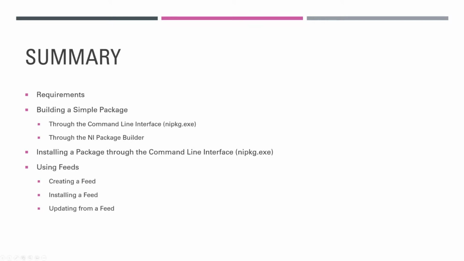I have some of the requirements for using NI Package Manager, and then I'm just going to go through building a simple package. I'm going to use the command line interface, and then I'm going to use NI Package Builder, which is a nifty little tool. And then we're going to install it, and then we're going to use some feeds. Again, I'm going to use the command line interface for that, just for how to create and install a feed and how to update from a feed.